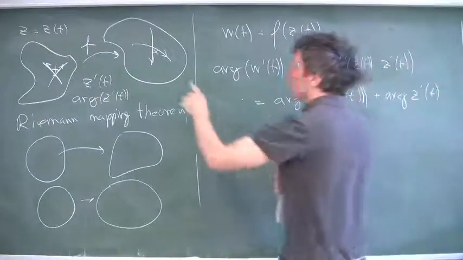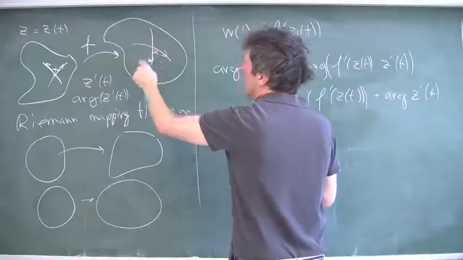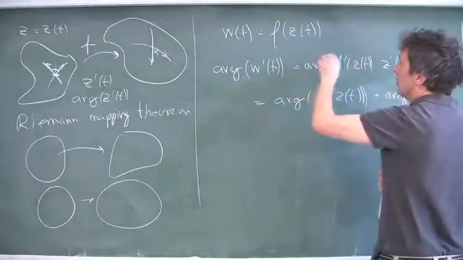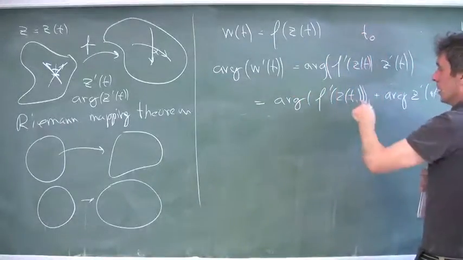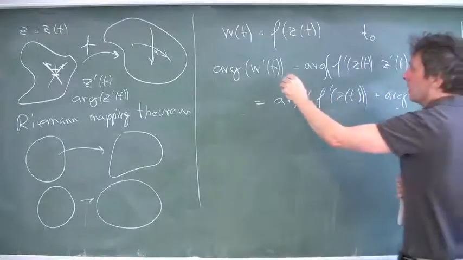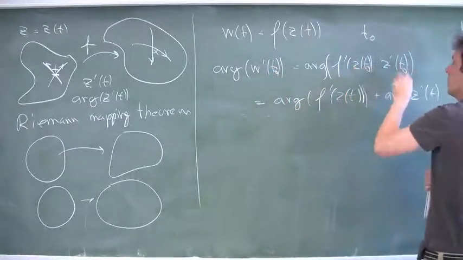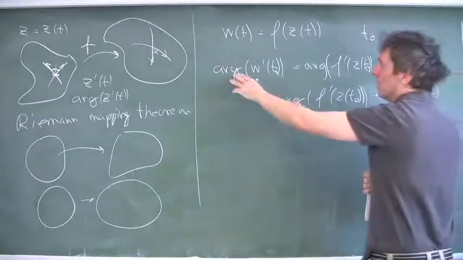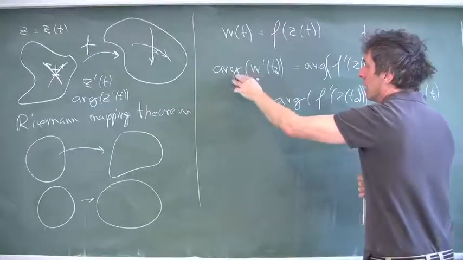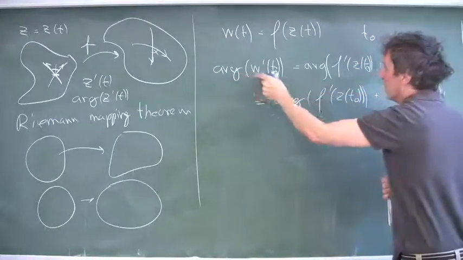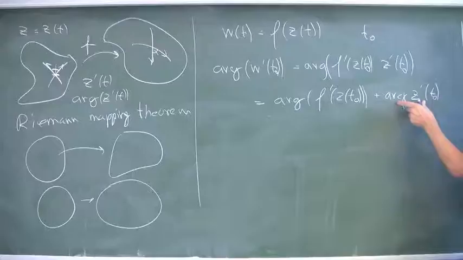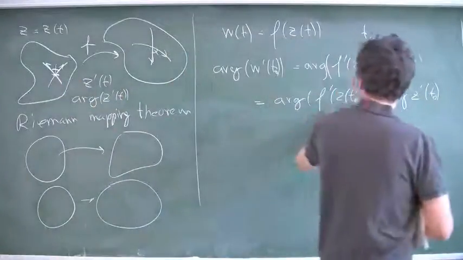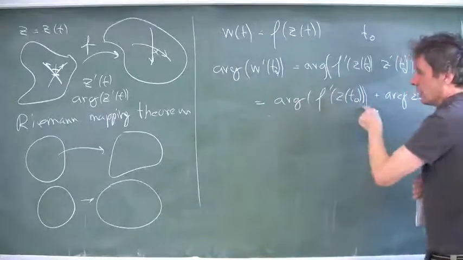And if you now consider this point where they intersect, if that is t naught, then if you insert t naught in this relation, you see that what happens to the direction of the curve is that the direction is given by taking the original argument of the curve over here, and then you add this fixed number to the argument.